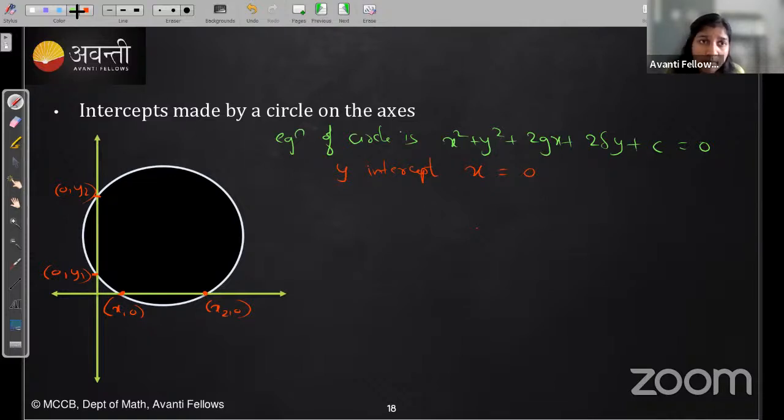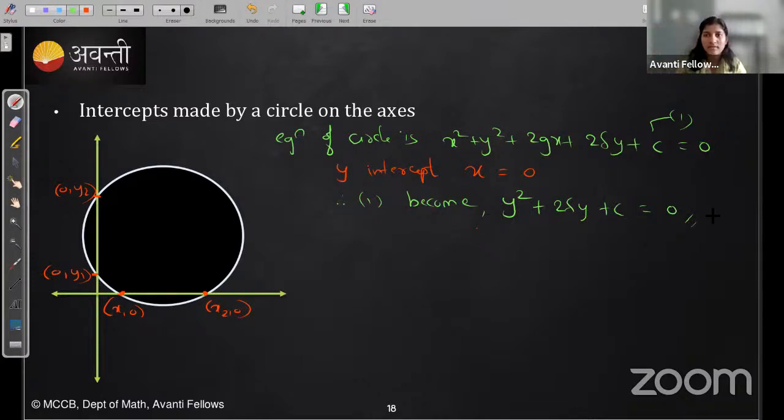So what will our equation of the circle become? It's going to be y square, because x is 0, plus 2gx, that complete term will be 0, plus 2fy plus c equal to 0. Okay.